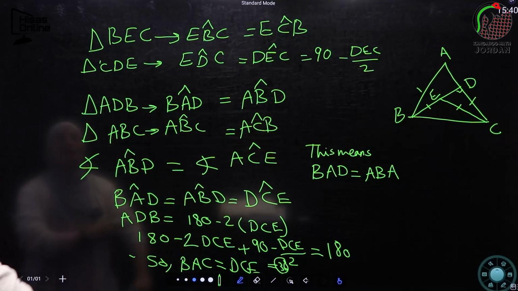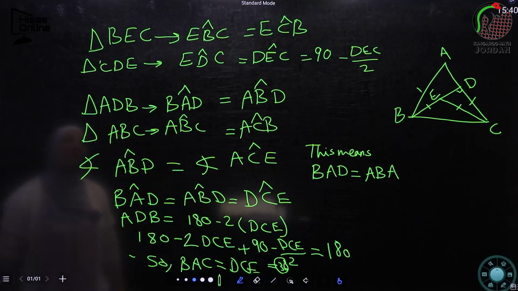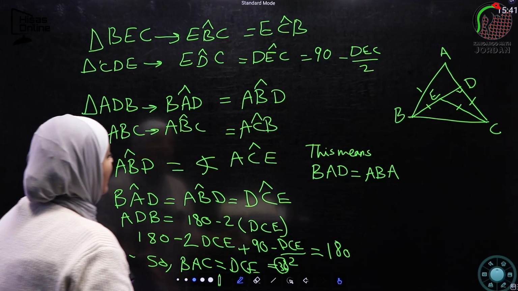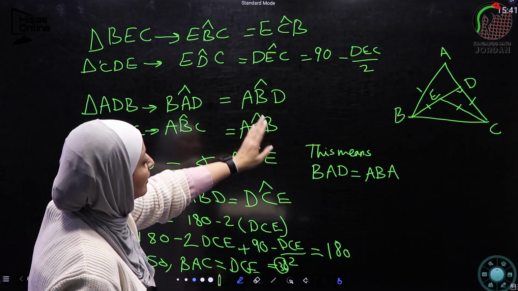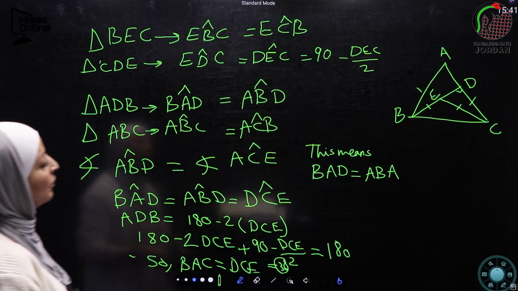So in triangle ADB also, we can find that angle A is equal to angle B, and we'll keep analyzing like this to find finally that angle BAD equals ABC.